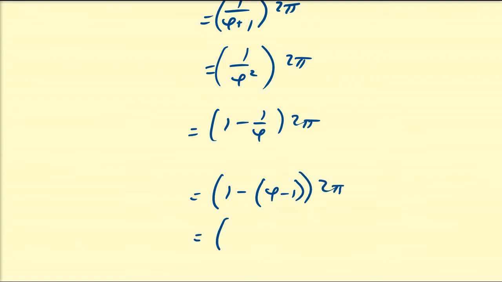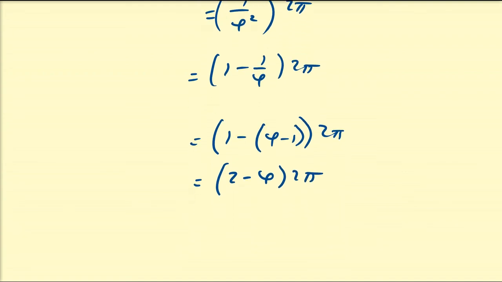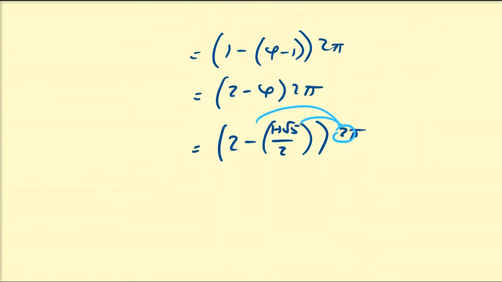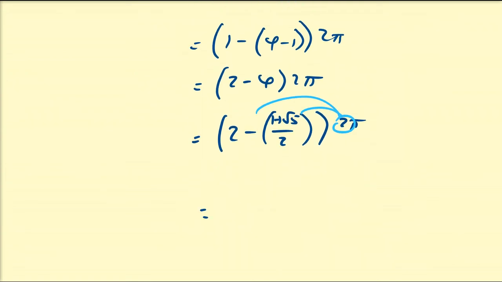So this is just the same thing as saying 2 minus phi times 2 pi, right? So that's just the same thing as saying 2 minus 1 plus the square root of 5 divided by 2 times 2 pi. And then I can distribute this 2 inside to cancel out that denominator. And this is equal to 3 minus the square root of 5 times pi. So that is my golden angle.